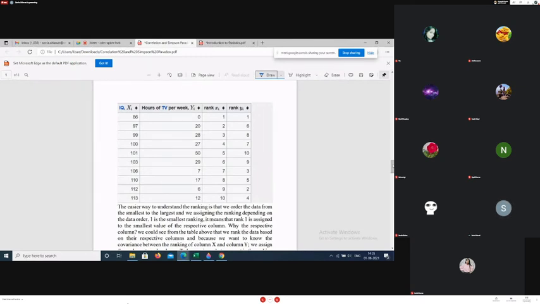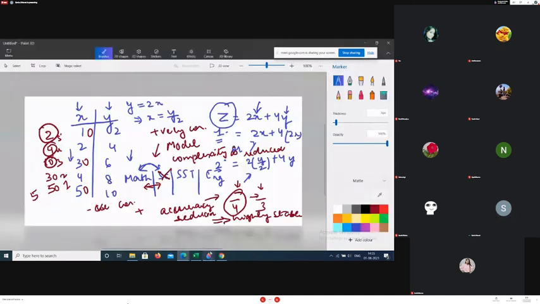Now see, 1 2 3 4, these are the ranks, and these are the ranks of y. Now this is in the data set that is being defined. Like I said just now, ideally the rank is 1 2 3 4 5 or 50, but I said the highest one will get the highest priority, so its first rank is assigned.